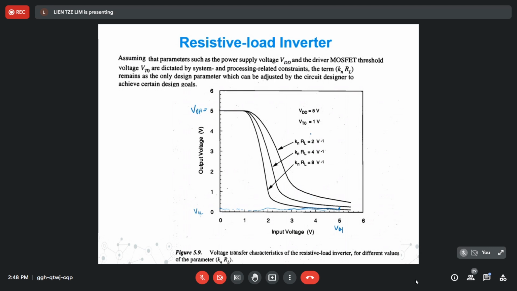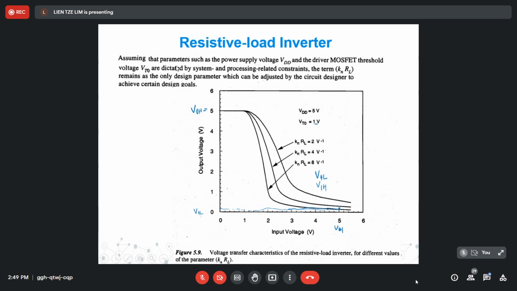The threshold voltage is already given, it is 1 volt. VDD is also given. So only the VIL and VIH need to be determined. If a VTC is given to you, you do not need to use the formulas to calculate. You can straight away get the values from this graph.